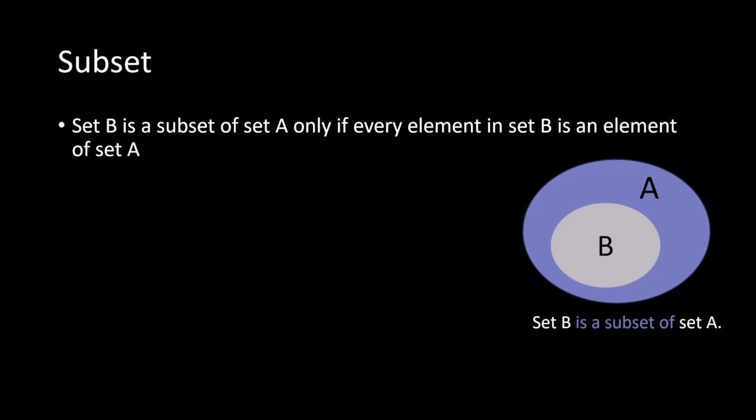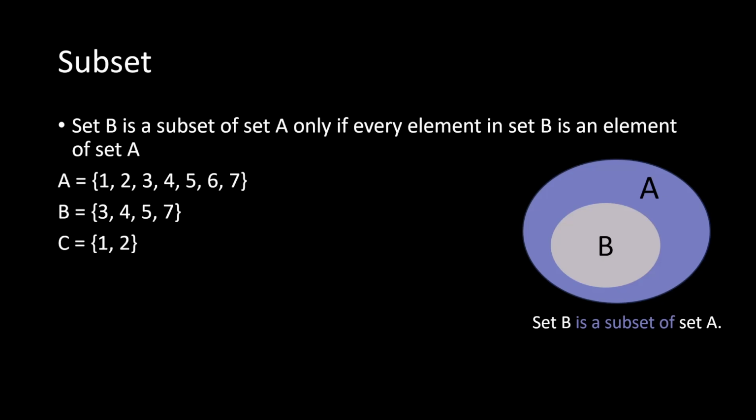Okay? Now let's say we have a set A, which is 1, 2, 3, 4, 5, 6, and 7. We have another set B, which is 3, 4, 5, 7, and then set C, which is 1, 2. We can say that B is a subset of A with this notation, where it's like a sideways U with an underline.